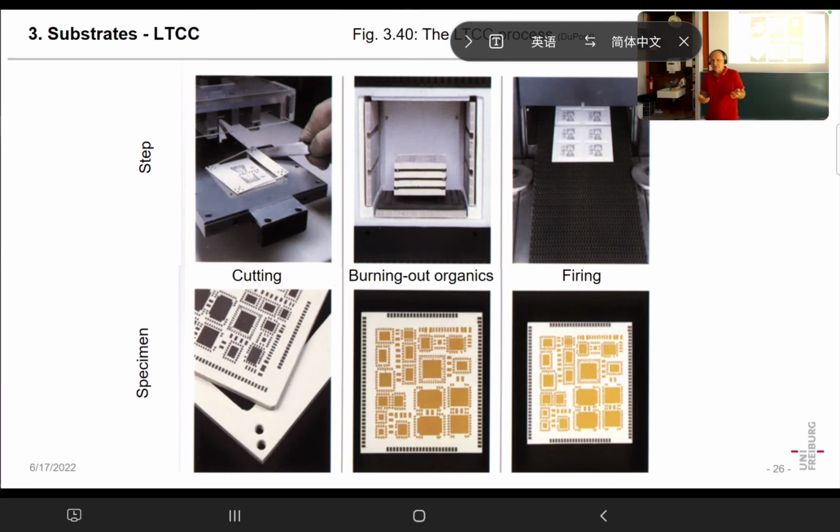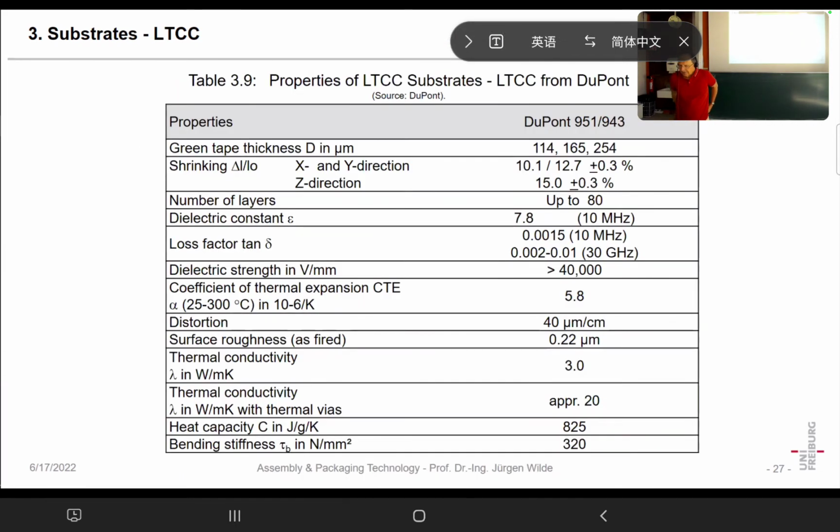And again, that shows us that it is a process that must be well controlled. So that's such a tape. Here are again some of the examples we have. So here we have the shrinkage, let's say around 10 to 15%.